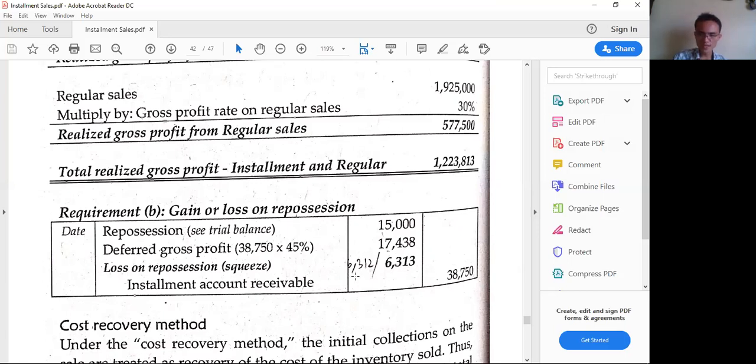So there is a difference. I wrote here 6,312, probably because of rounding off of numbers. If this is 3, this wouldn't be balanced anymore because this would exceed by 1 peso. Therefore, this should be 6,312. Anyway, if there are choices in the problem, it's going to be easy because we just have to pick the choice, and the choice must be the closest to what we have computed.